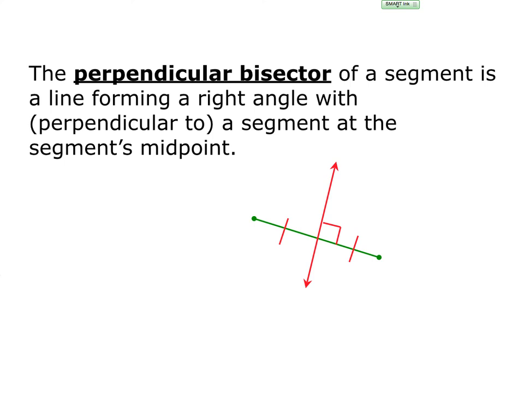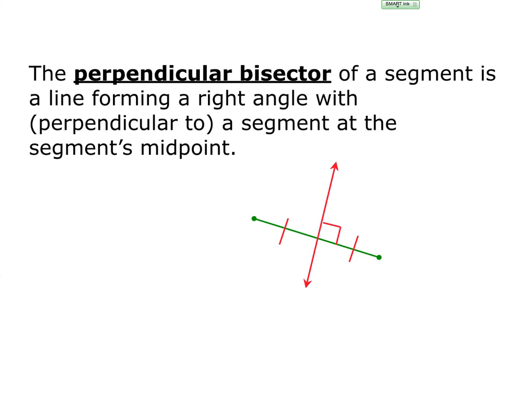Bisector, where it makes the right angle, is right at the midpoint. So this right here would be the midpoint of the segment, and the line that goes through it has to be at a 90-degree angle. I know there's a construction there, but we're going to wait and do that after we've done the equation. So on 3/4 is where it was.